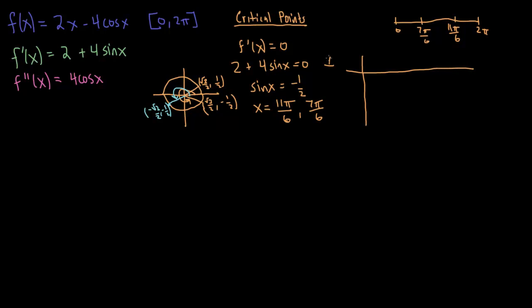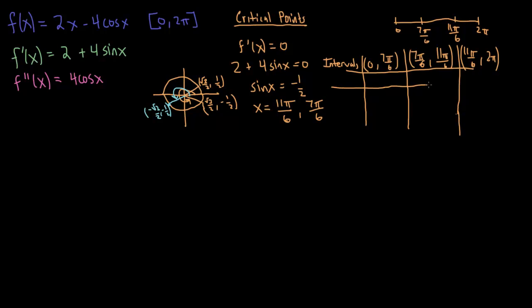Okay, so we first have from 0 to 7 pi over 6. We then have from 7 pi over 6 to 11 pi over 6. We then have from 11 pi over 6 to 2 pi. So those are our 3 intervals.